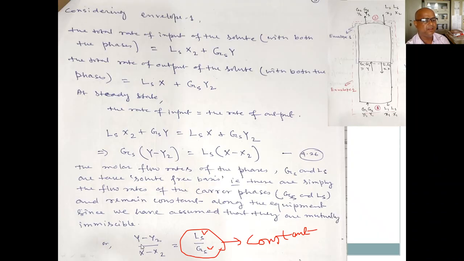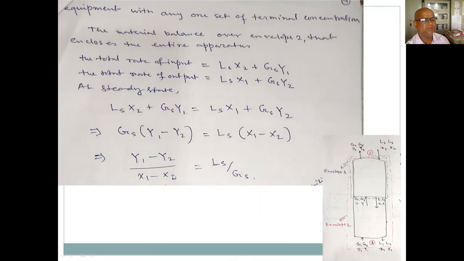So if you take this balance, then (Y1 minus Y2) by (X1 minus X2) will be LS by GS. It is the same, because earlier we took any point X, Y, and now instead of that I am taking 1, so this will be Y1 and X1.